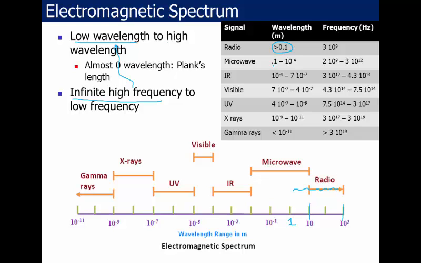Microwave is 0.1 to 10 to the negative 4. This picture is not exactly matched, but microwave is somewhere here all the way to somewhere here. It's not really accurately aligned with this table, but it's about like that.